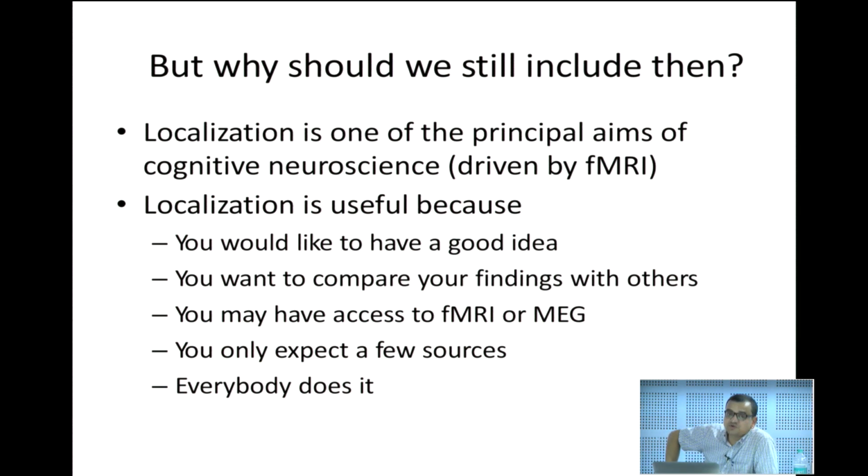So, that was one of the driving reasons why researchers working in the EEG field have to invest in how we can get better localization, or how we can localize the activity from the scalp space to the source space. You want to compare your findings with others.